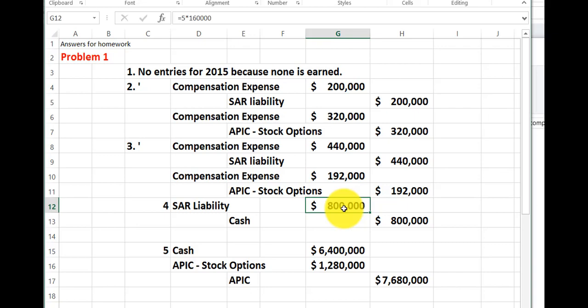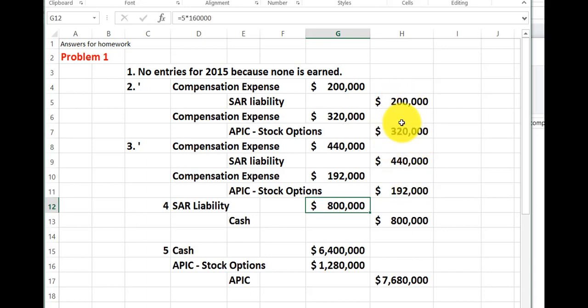There's 160,000 of those, and so that total amount that's going to be paid out is $800,000, and our credit should be cash.